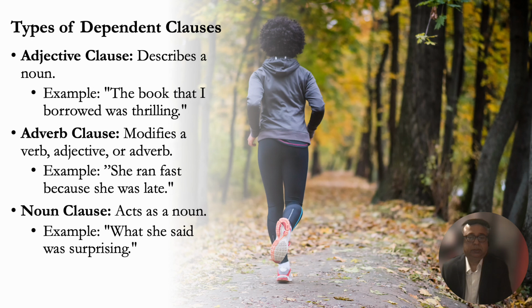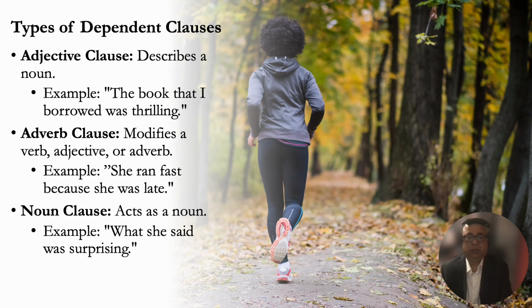Adverb clause, obviously, it modifies a verb. Now I've taught you parts of speech lessons, all 8 parts of speech. In this case, an adverb is a word that modifies a verb. So example, she ran fast because she was late. There you go. There is an adverb clause there.